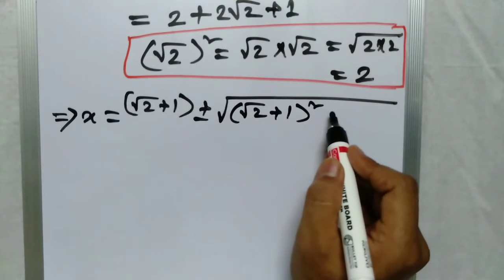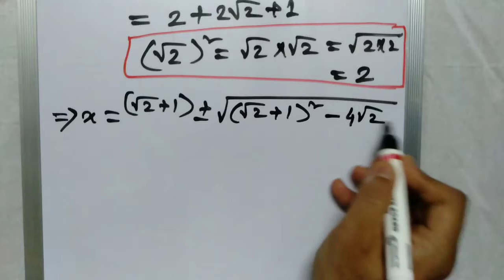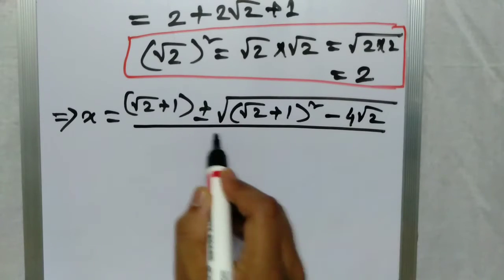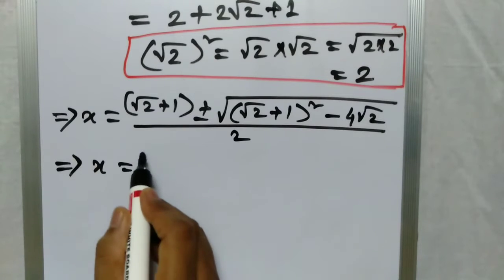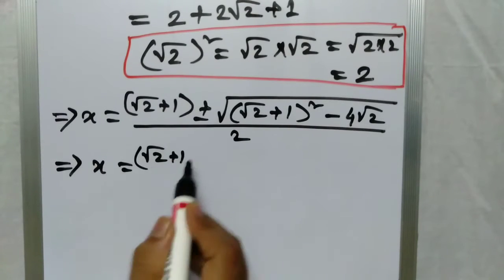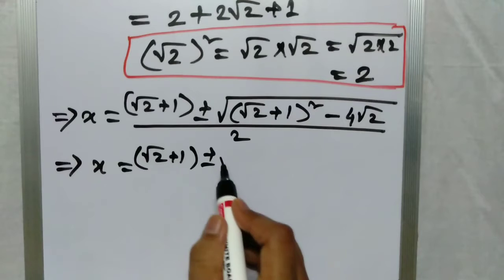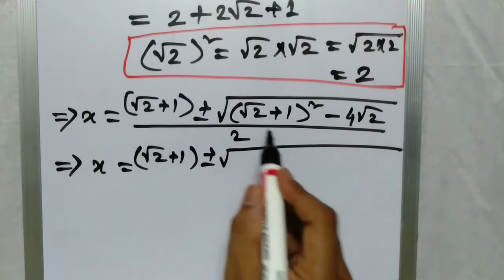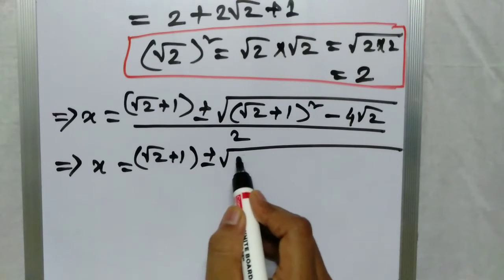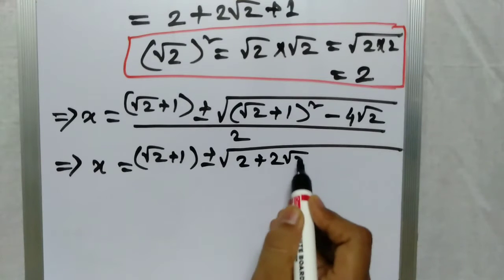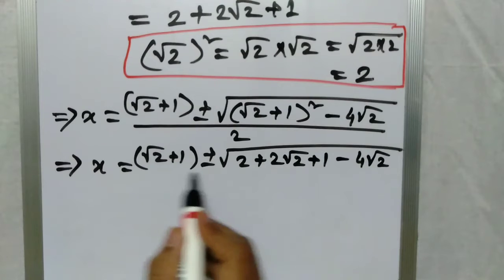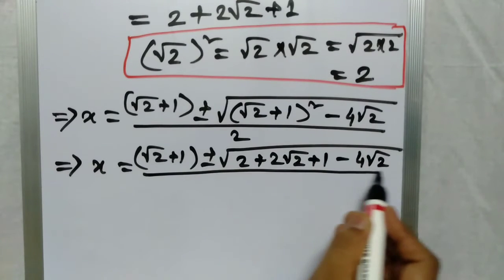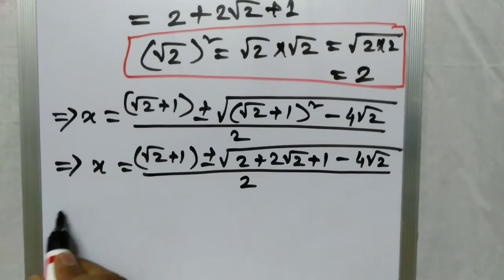We write again minus 4 root 2 by 2, which implies that x is equal to root 2 plus 1 plus minus square root of 2 plus 2 root 2 plus 1 minus 4 root 2, by 2.